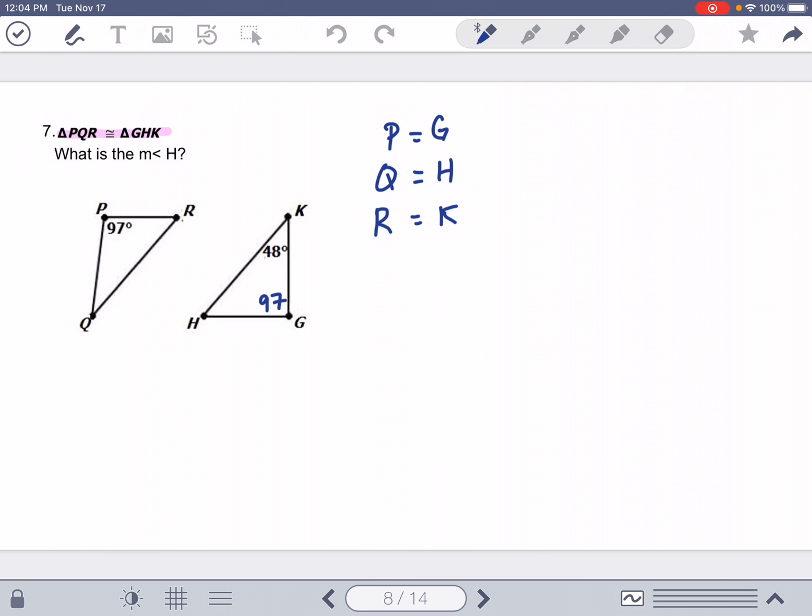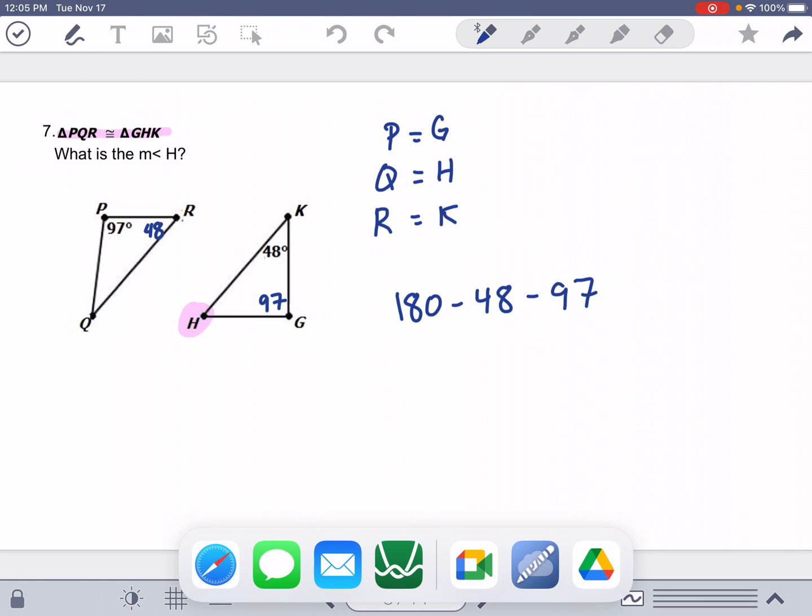Q I don't have a value for, and I don't have a value for H, but R and K are both 48. And so I'm looking for this measure right here. So I'm going to do the same thing that I've already done twice. 180, subtract 48, subtract 97.